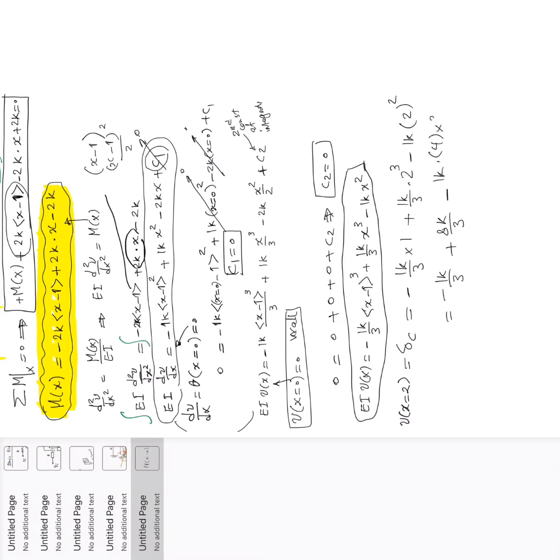Multiply by 3 and you get another 3 here, then add all the numerators: 3 goes to the bottom, negative 1k plus 8k is 7k, minus 12k, which equals negative 5k over 3.